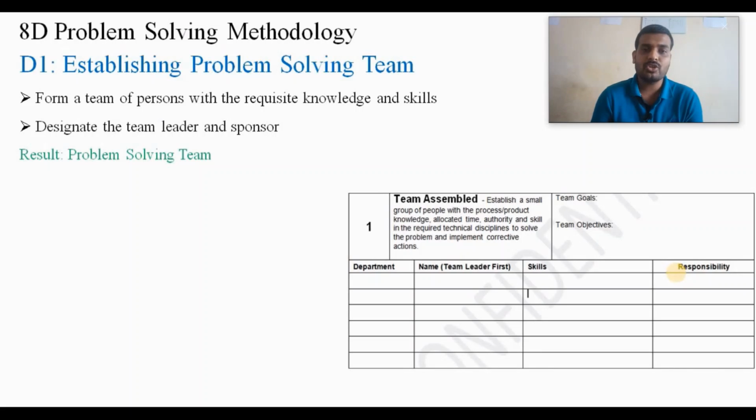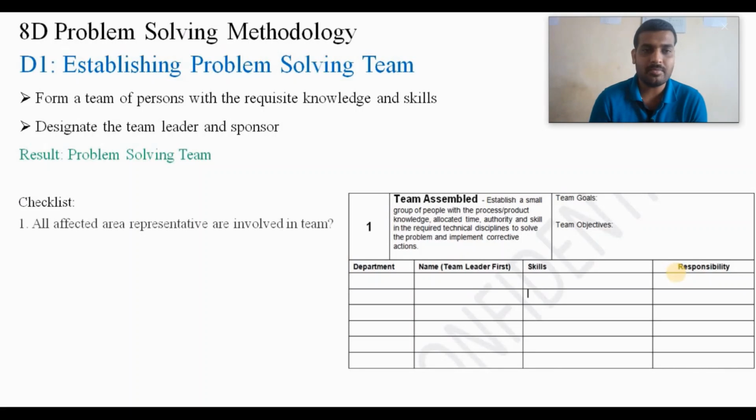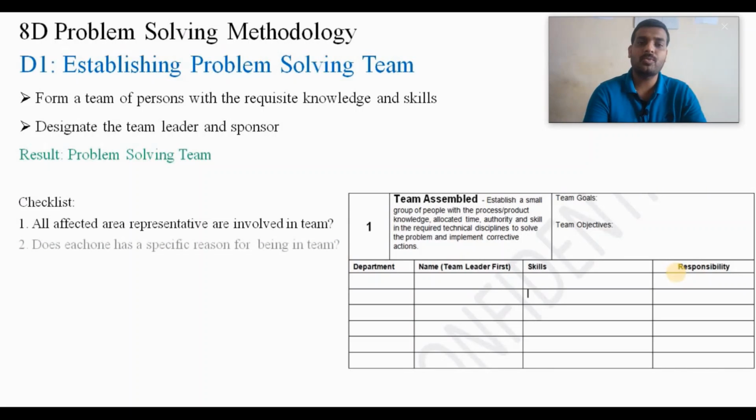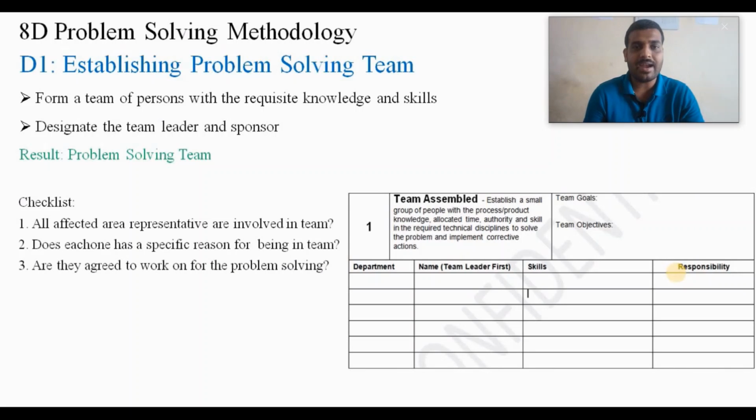The first question you should ask is whether all affected area representatives are involved in the team or not. Second, does each one have a specific reason for being in the team? Third, have they agreed to work on this project? Next, are the team leader and sponsor identified?